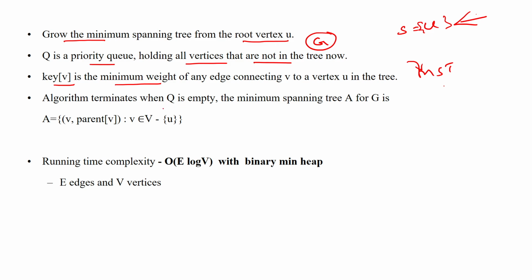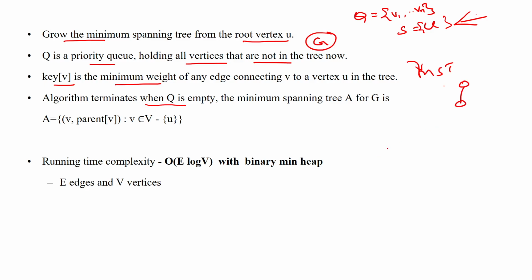This should be done until the queue is empty, where the queue has all the vertices available in the graph. When you are adding that edge, it should be connected with an already existing vertex in the minimum spanning tree.